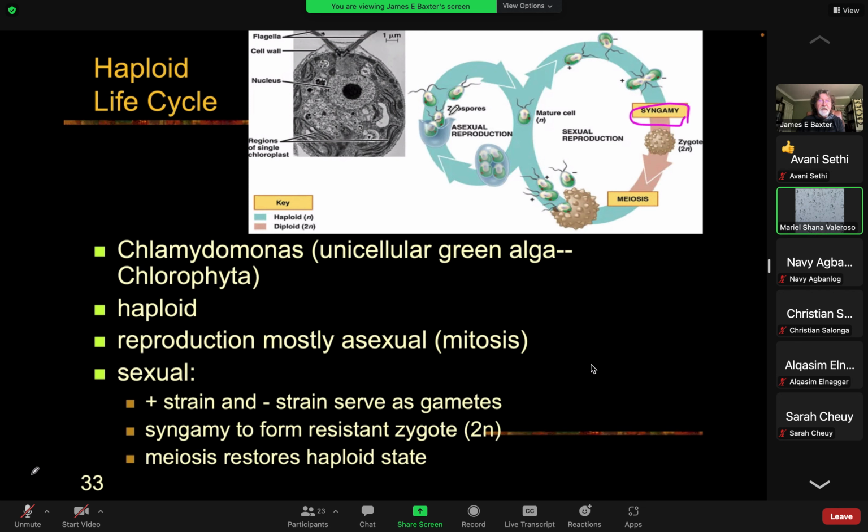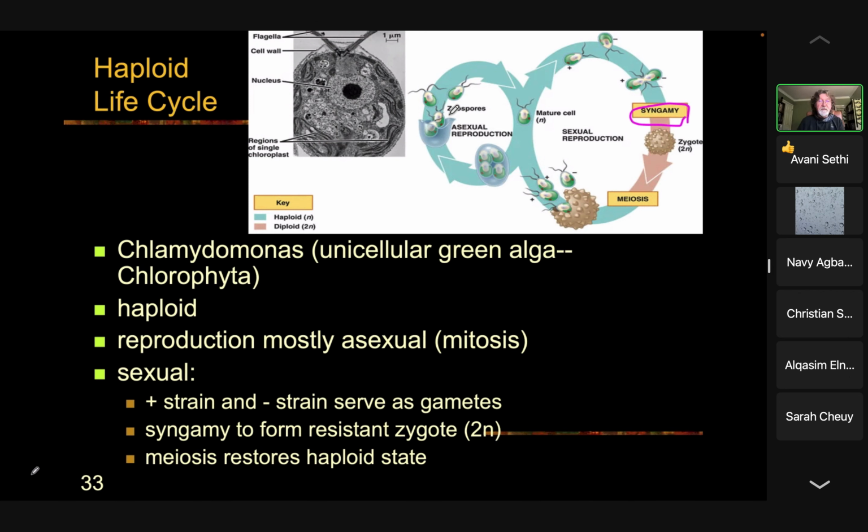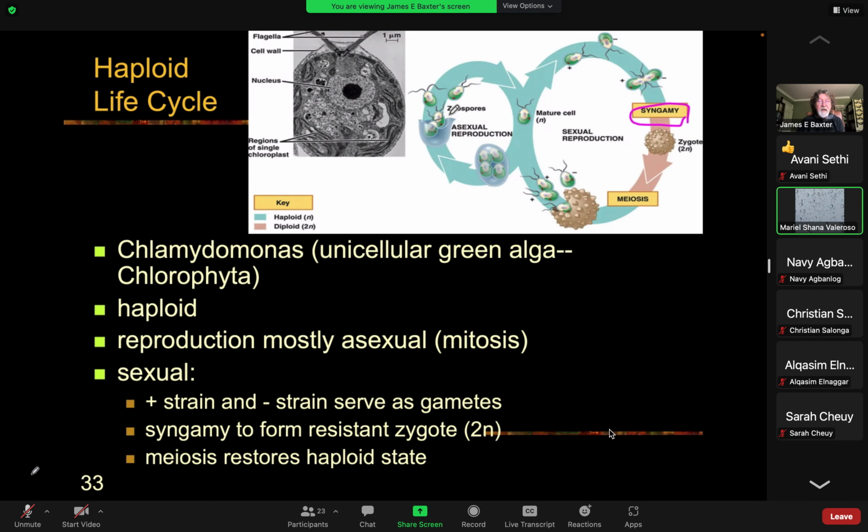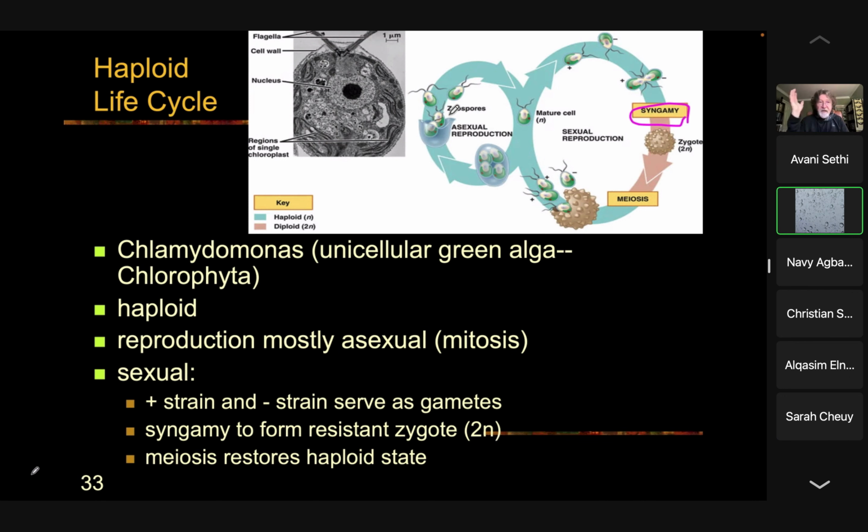I have a question. Sure. So when you said vegetative state, it means the mature cell? Yeah, you call it vegetative just because that's when it's doing its thing. It's living. It's not reproducing except by mitosis, and so it's photosynthetic. It's undergoing its normal metabolism. It's growing to a certain size.